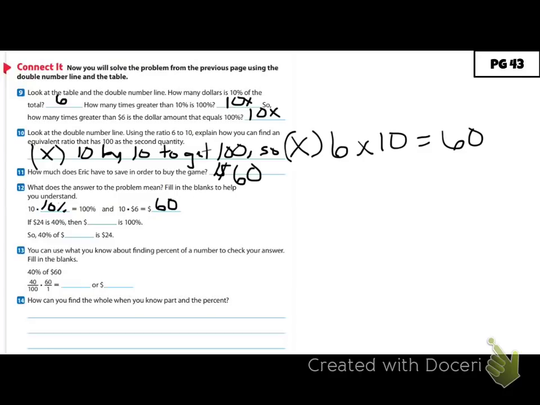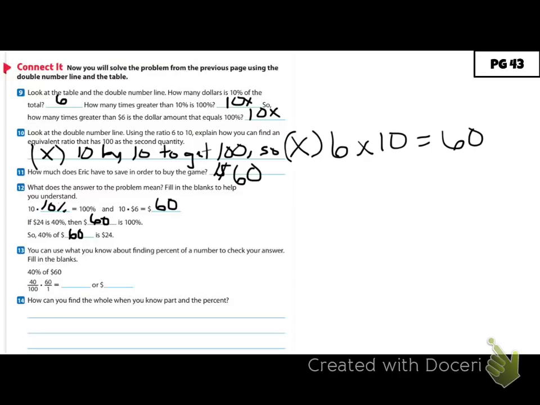If $24 is 40%, then $60 is 100%. So 40% of $60 is $24.